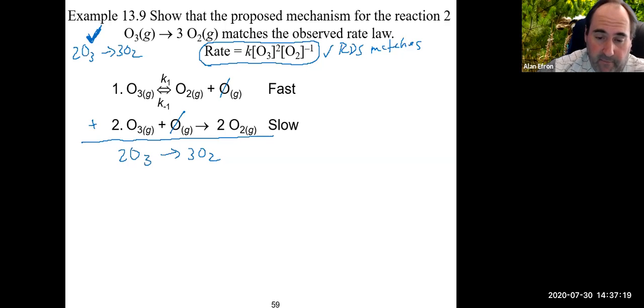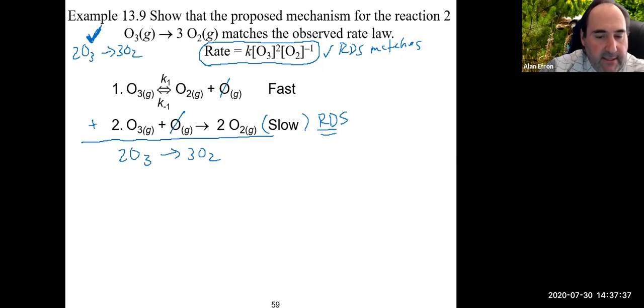Now, can we identify this rate determining step? Is it very hard here? Not really. It is this one right here that says slow. So because they identified this one as the slow step, we know that that is going to be our rate determining step.